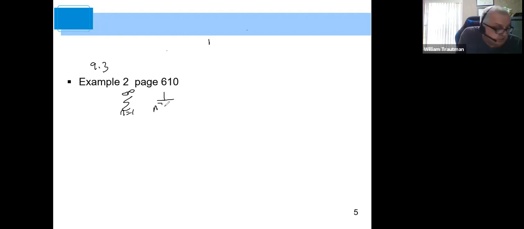1 over n squared plus 1. If you look at it, it's a little different from the first one. There's an x on top here. But just look at it, you plug a number in, it's positive.